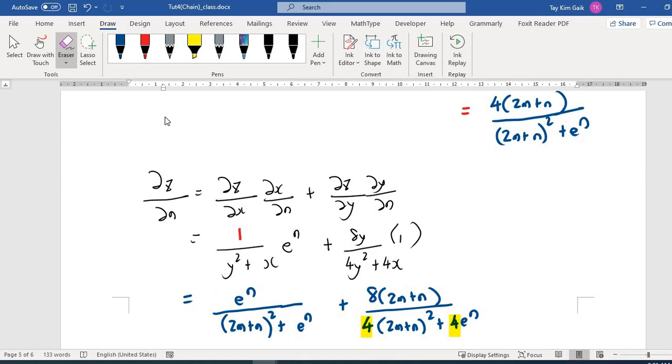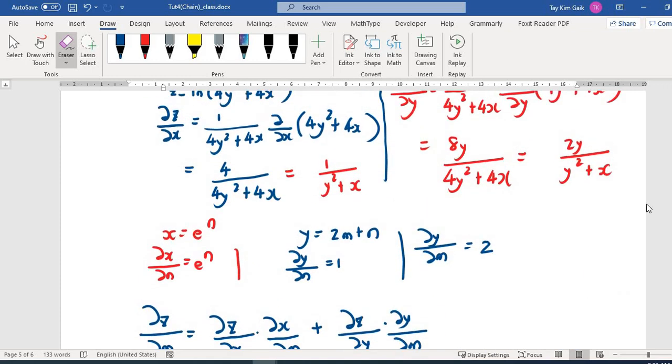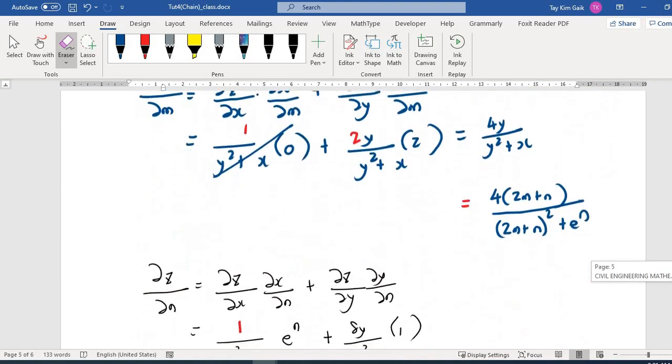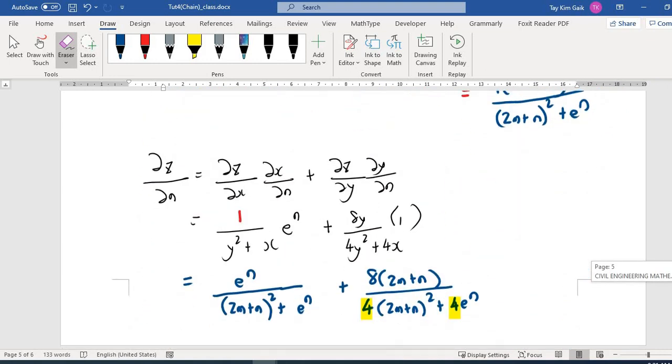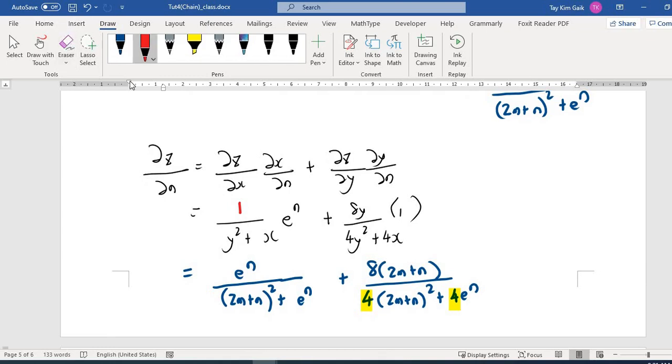Using 2y over y squared plus x, which is simplified already. That one already simplified, this is 2. So this one no more, so this one becomes 2.